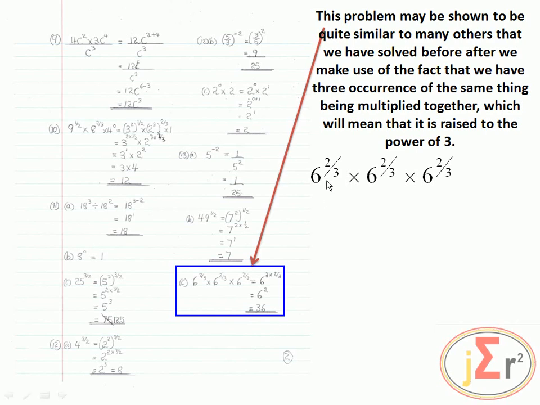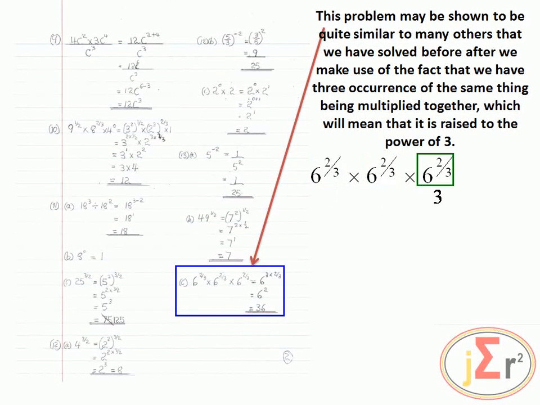So we have 6 to the power of 2/3, and the same thing occurring here and here also. Therefore, if we are multiplying 3 occurrences of the same thing, then we know that we are cubing that same thing that we have right there.